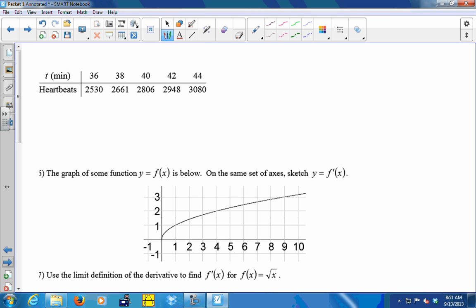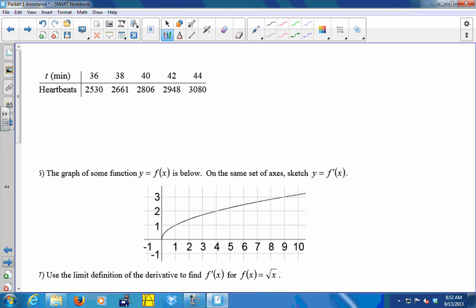So we'd have to estimate it by doing what? Taking an average rate of change. Yeah, the slope of the tangent line at 42 is the instantaneous rate of change, so we can take an average rate of change on some small interval around 42. We could use 40 to 42, 42 to 44, or 40 to 44. All would be reasonable choices for the interval.